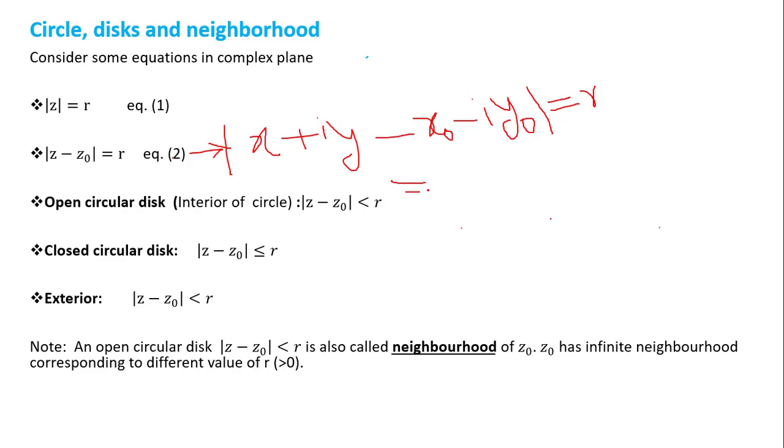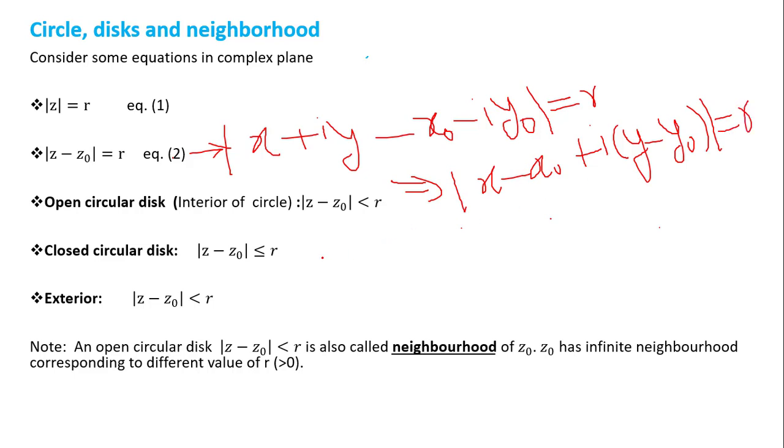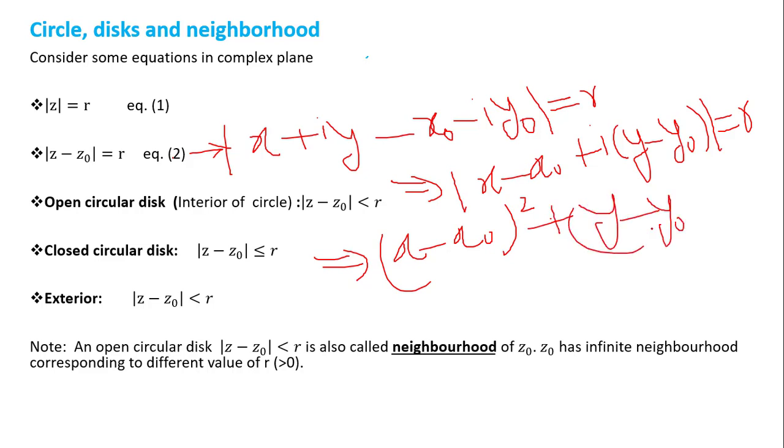So this implies mod of this, real part with real part, x minus x naught plus iota times (y minus y naught) equal to r. So this implies (x minus x naught) whole square plus (y minus y naught) whole square equal to r square.